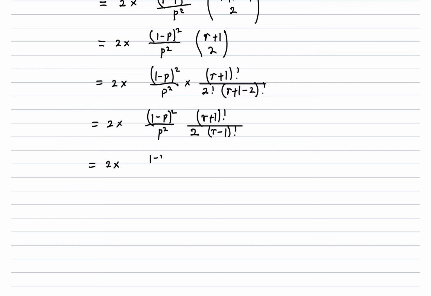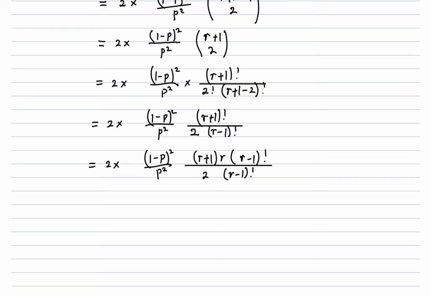2 times 1 minus p all squared all over p squared. We can rewrite the top factorial as r plus 1 times r times r minus 1 factorial, over 2 times r minus 1 factorial.